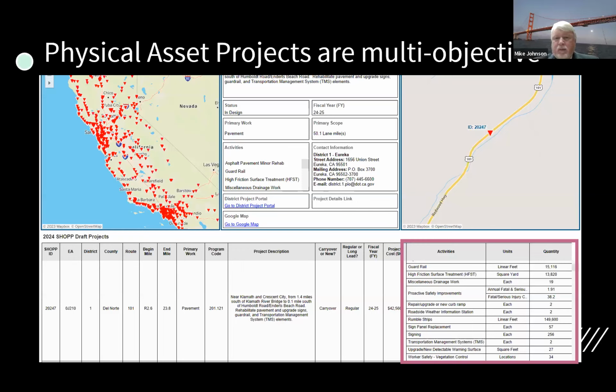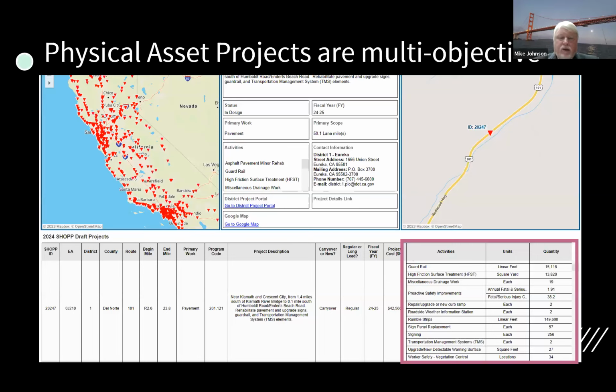It's doing some drainage work. There's some proactive safety improvements being done. There's some repairs or upgrades of curb ramps. We're installing a weather information station. We're putting in a bunch of rumble strips and sign panels, and some transportation management system elements, as well as detectable warning surfaces.